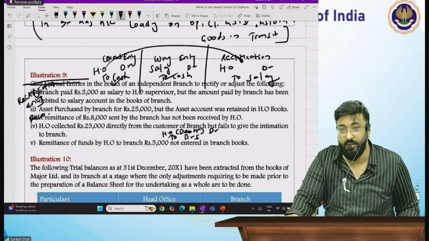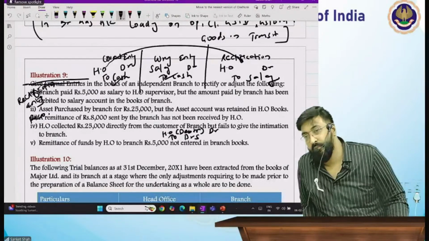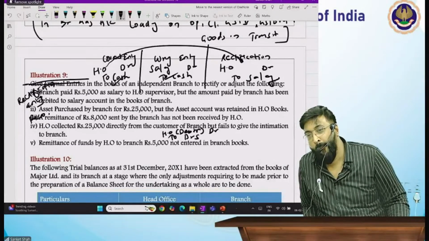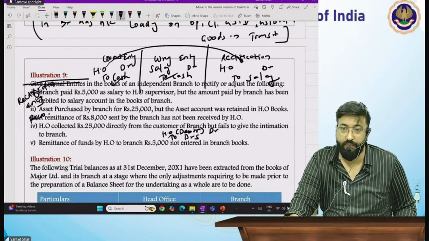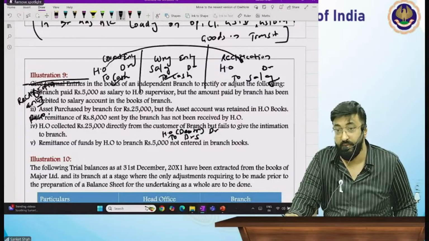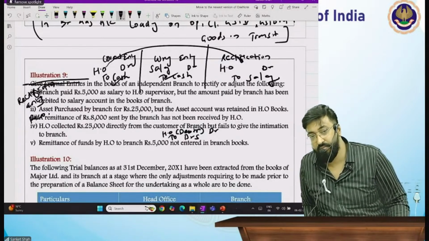Yes, Anil ji. Yes, Anil, do you have any problem with any entry? If you're not getting any entry, you can ask me.